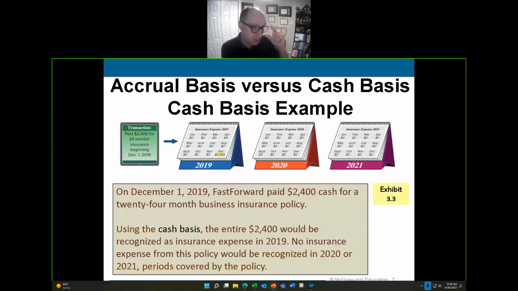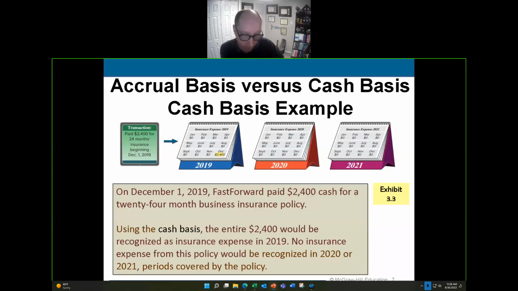Okay? So think about the implication here. Think about the difference. Under accrual-based accounting, I spread it $100 every month for 24 months. Under cash-based accounting, $2,400 in 1 month. Think about what that does for your report, for your income statement. Your income statement looks all hunky-dory under the accrual accounting-based system.